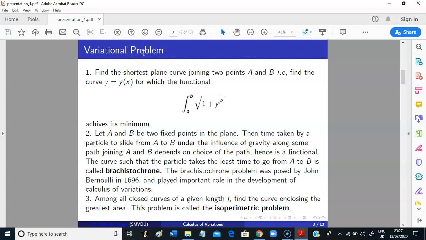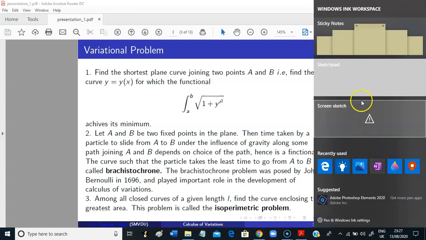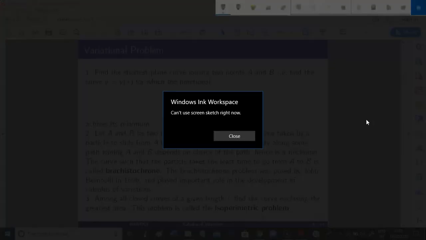Basically, a variational problem is a problem of optimization that involves generalized coordinates or generalized variables. As I told you in the last lecture, in calculus of variation we are basically dealing with functionals, and a functional is nothing but a function of function.